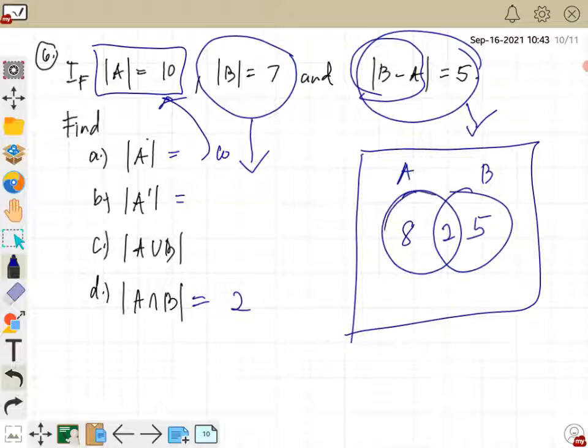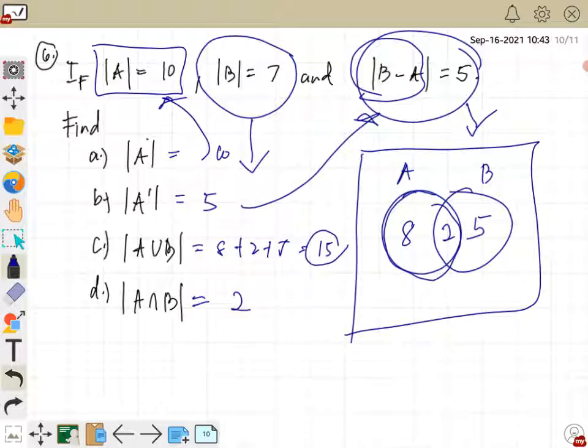This is the entire A. What's outside? 5. So A complement is equal to B minus A, the same idea. Then A union B, let's add all: 8 plus 2 plus 5 will get 15.